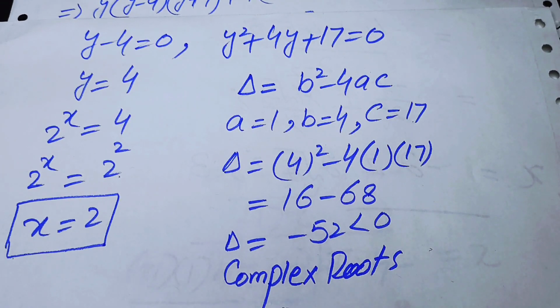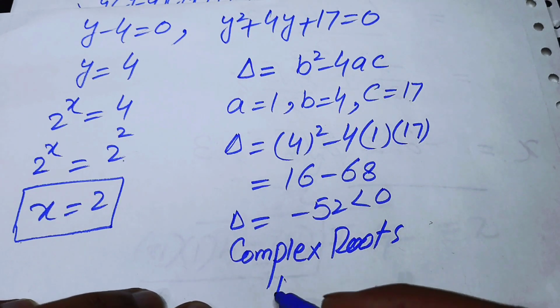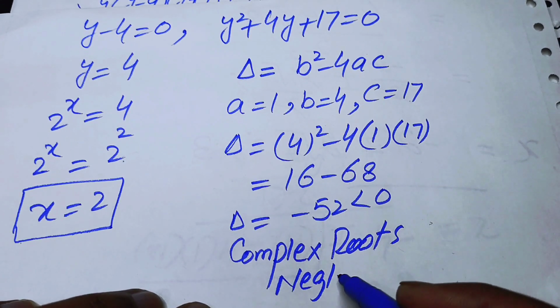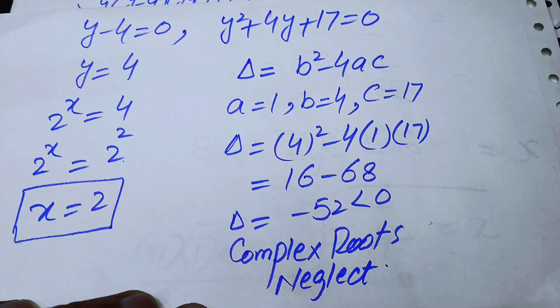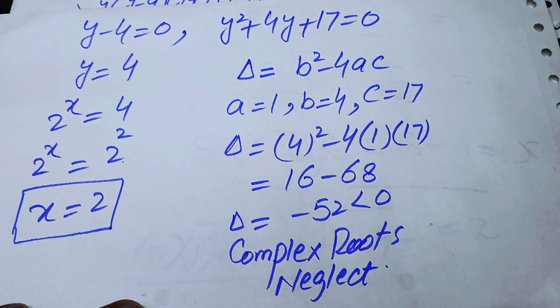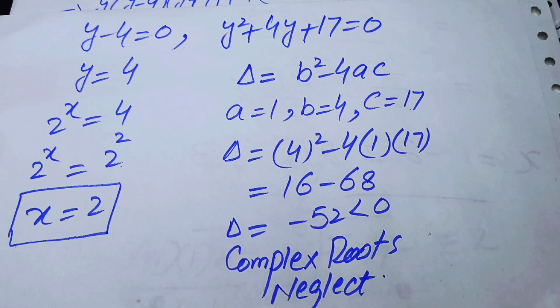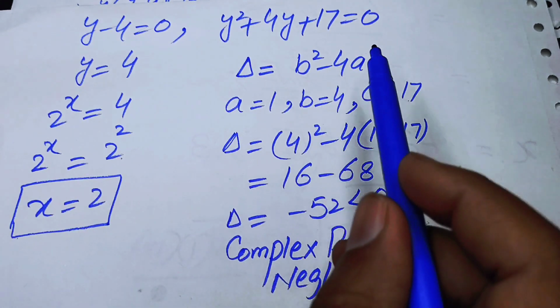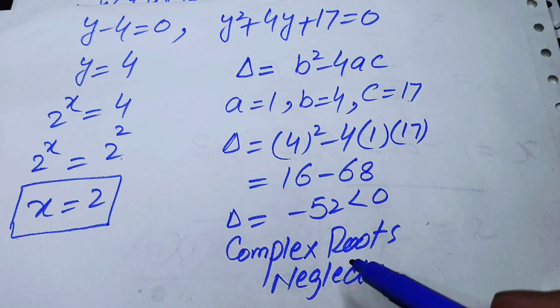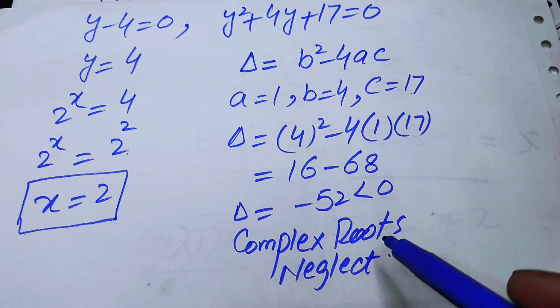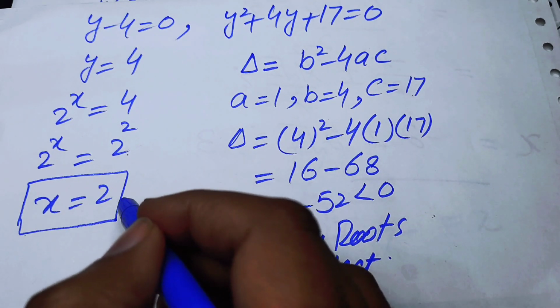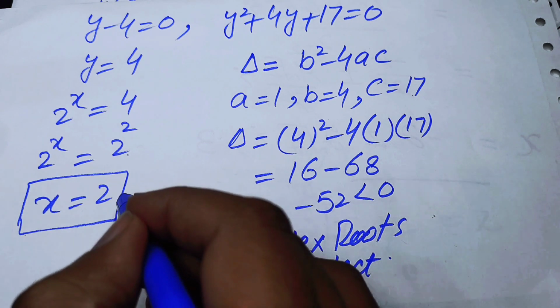So we can just neglect this term, because our question is that here we will find the real roots only. This quadratic equation gives complex roots, so we will neglect it, and we have only one solution of the given exponential equation, which is x is equal to 2.